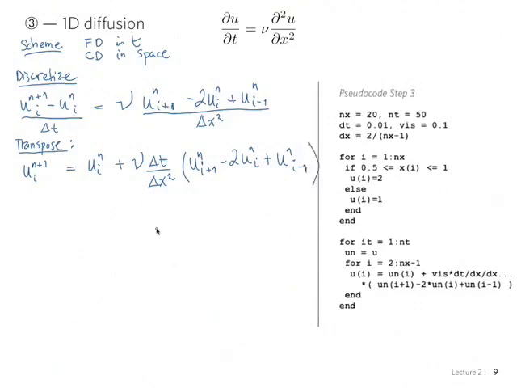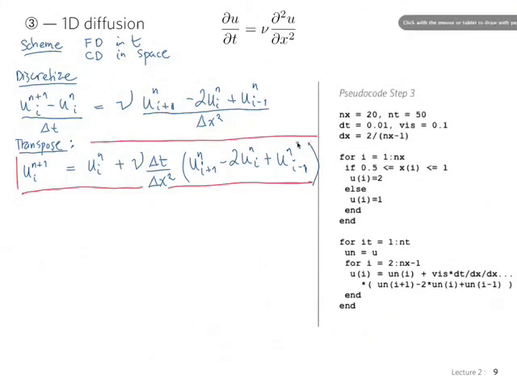Here is our full finite difference scheme for this equation. And you're going to do this with the same initial conditions and boundary conditions of steps 1 and 2.